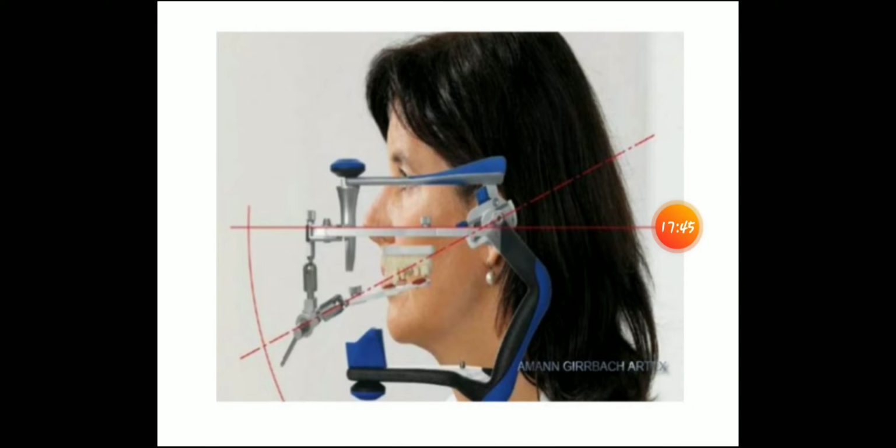See here, you are trying to record this THA or the hinge axis, and you are trying to replicate it via the face bow transfer to the articulator, so that the articulator will simulate this kind of relationship where you will orient the maxilla to the cranium in such an angle. By indirectly knowing the THA, it is known as the orientation jaw relationship.